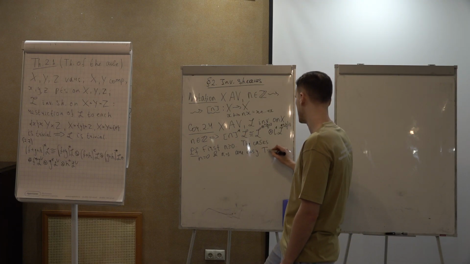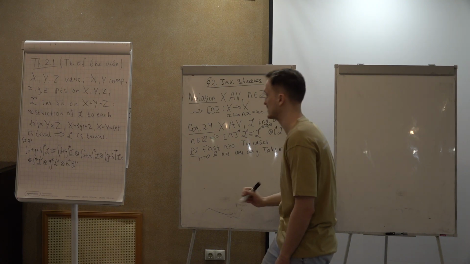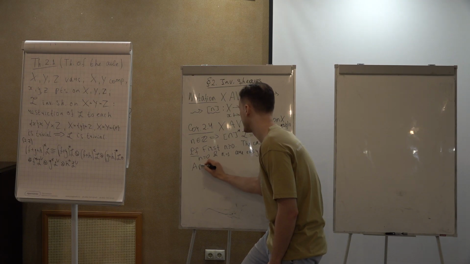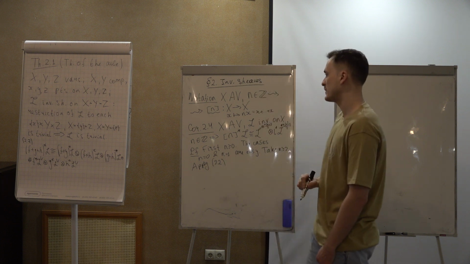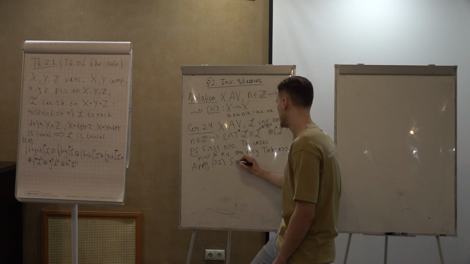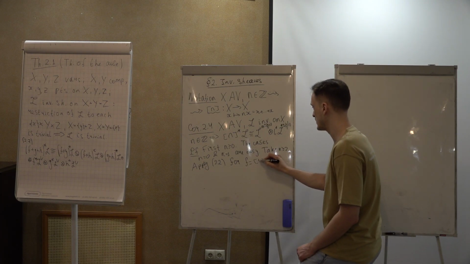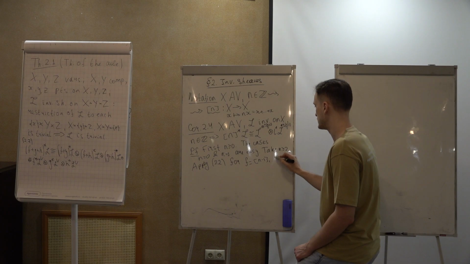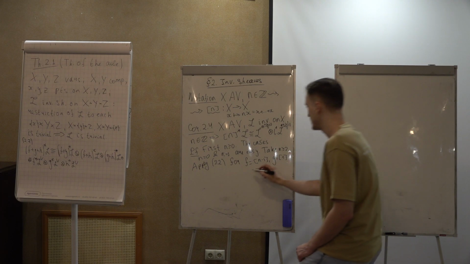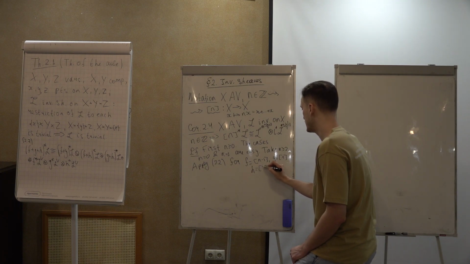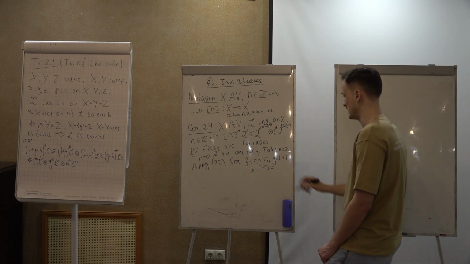So take n at least 2 and apply 2.2 for 3 maps: f being the (n minus 1) power, g just the identity, and h is minus 1, which is, by the way, just the inversion.